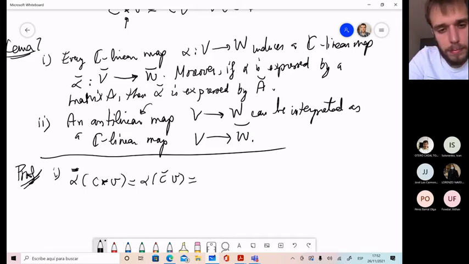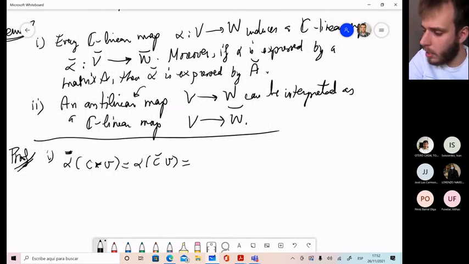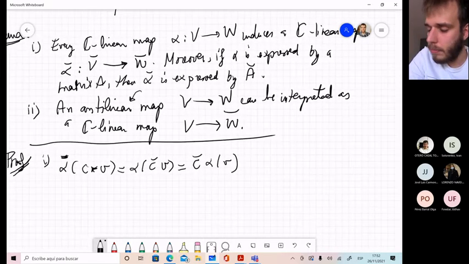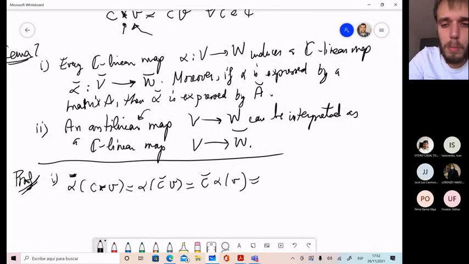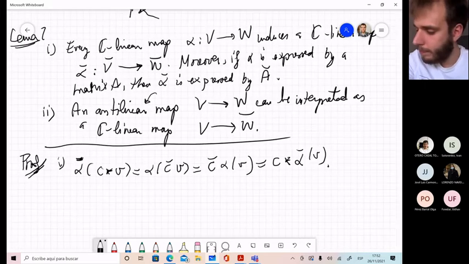Here I just use the definition of the multiplication, and now I use that this map is C-linear, so the scalar goes out. Then I use again the definition of the new multiplication on V bar, so this is c star alpha bar v. Okay?